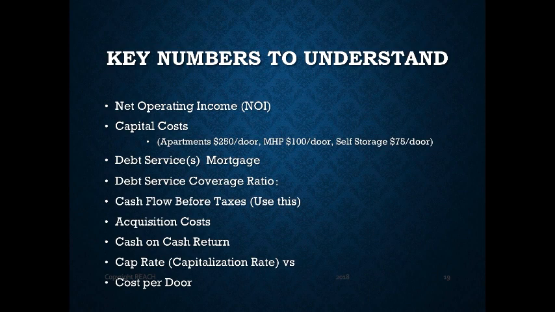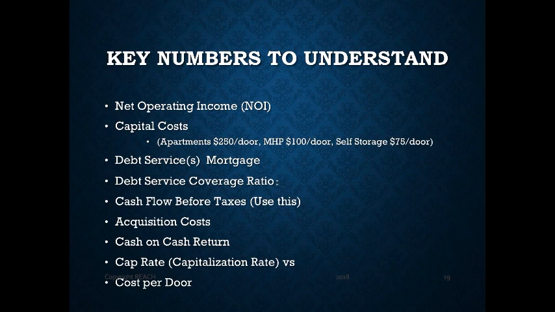So let me just say that again. The debt service is my mortgage and interest. My debt service coverage ratio, or DSR, is how much I have left, what my NOI is after I've paid all of my expenses.